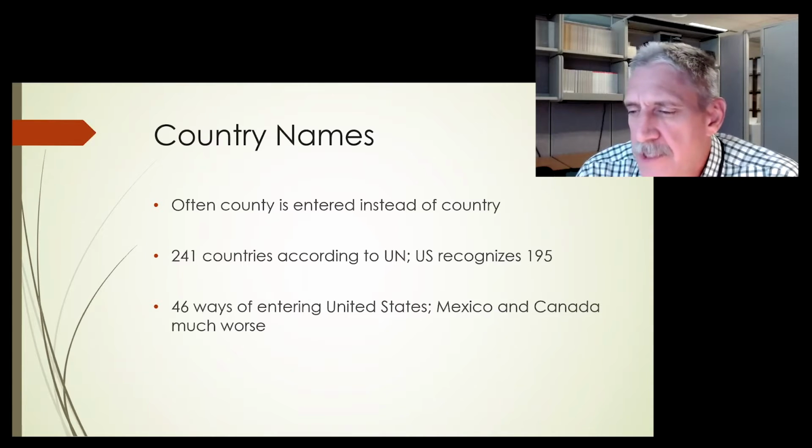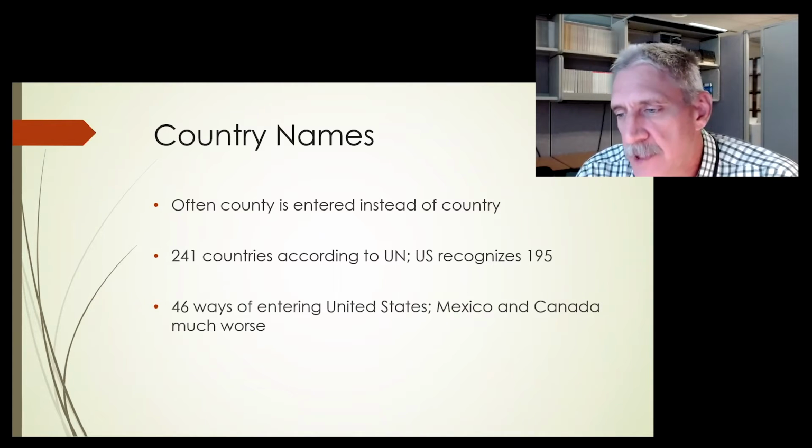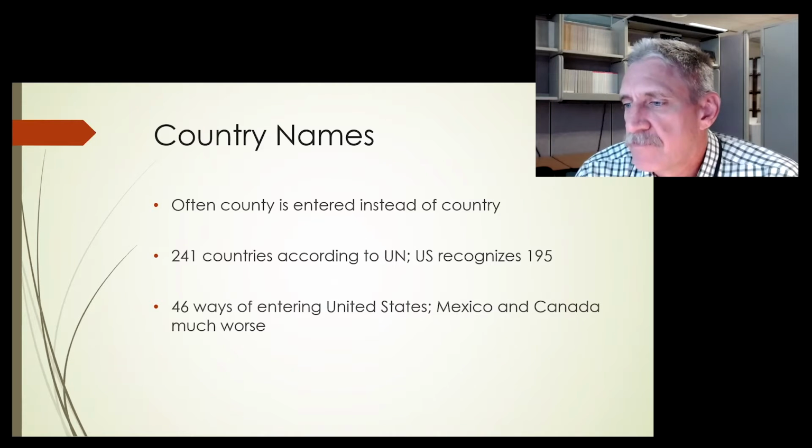Mexico and Canada probably double that. And that's because people don't understand. They see county or country. They don't know where to put the foreign state, the foreign postal code. They just don't understand the other systems in use, and they're going to screw it up.